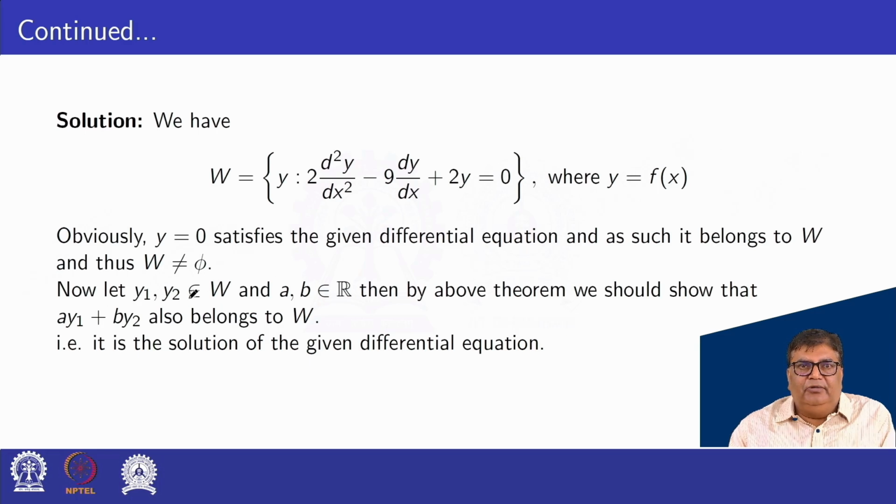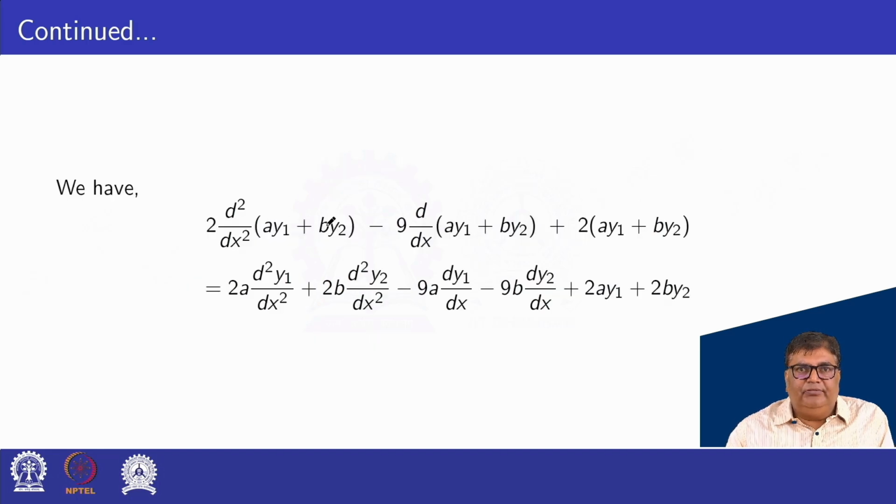Now let y1, y2 belong to W and a, b belong to R as scalars. Then by the above theorem, we should show that ay1 plus by2 also belongs to W, that is, it is a solution of the given differential equation. Here we can put ay1 plus by2 in the place of y.